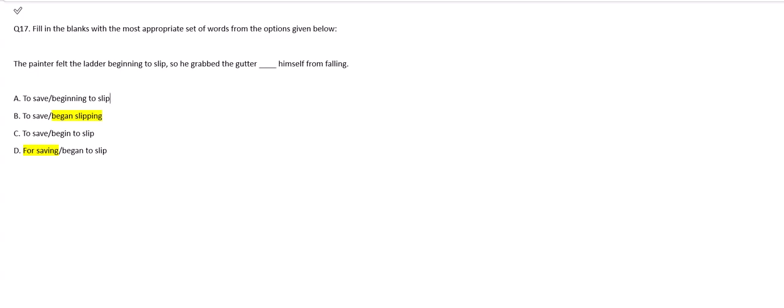To is for a purpose we are doing. For saving is not intended to come in this blank. It is irrelevant. Then the correct sentence is: the painter felt the ladder began slipping, so he grabbed the gutter to save himself from falling. The correct option is option B.